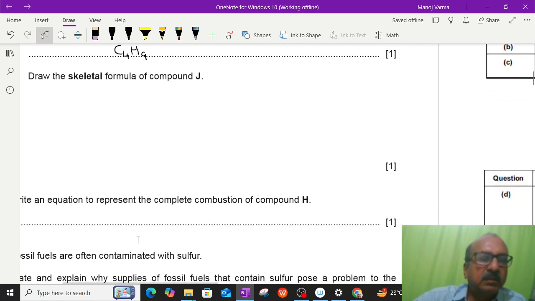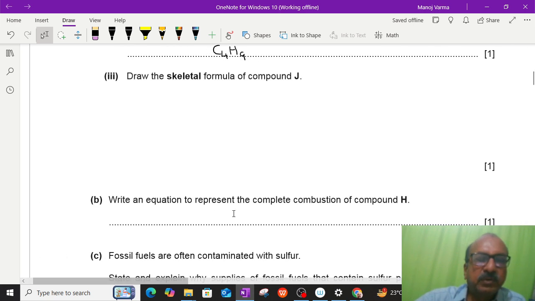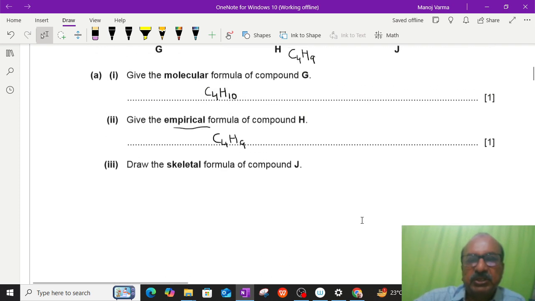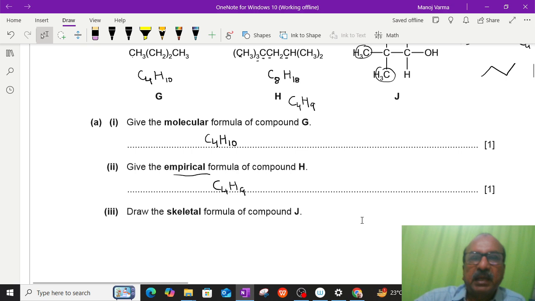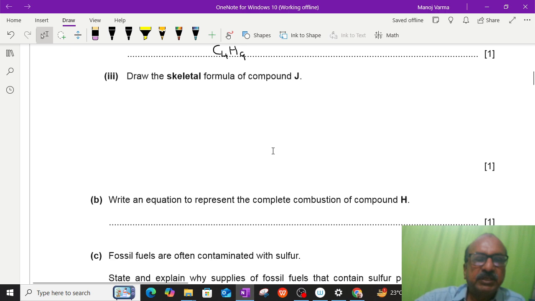Now the next thing it says is to write an equation to represent the complete combustion of the compound H. So the compound H is actually C8H18.